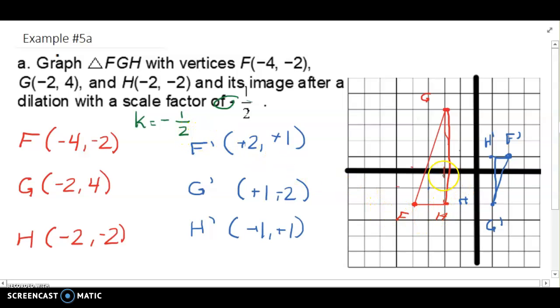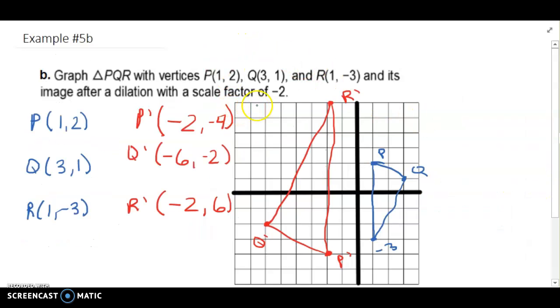But notice when we plot it, it's also a rotation of 180. Okay, so it goes over. And the same thing on 5B. We had a -2 scale factor, so it got larger by a scale factor of 2, but it also rotated around the origin 180 degrees.